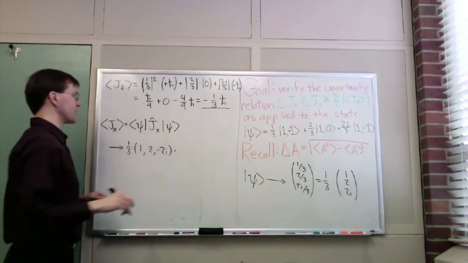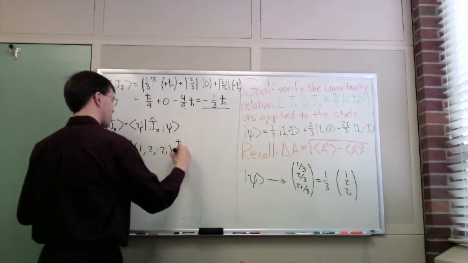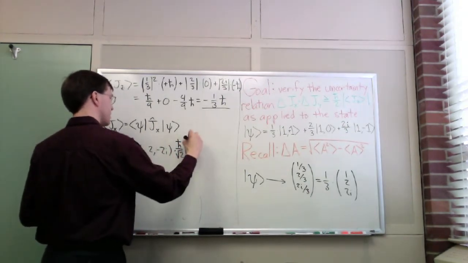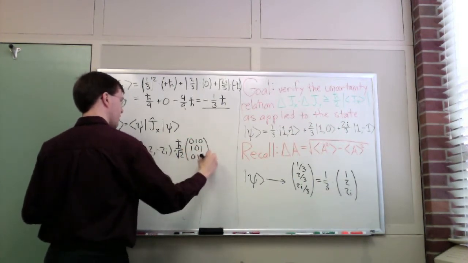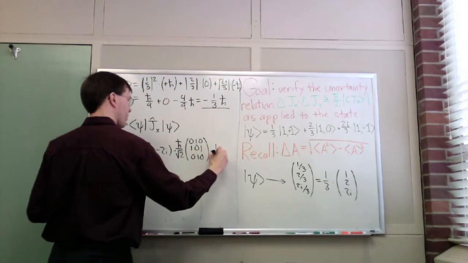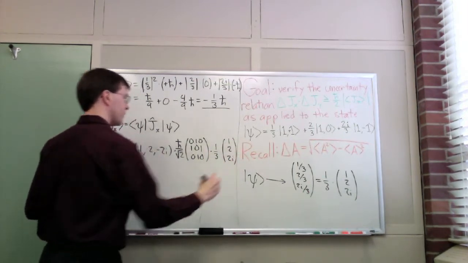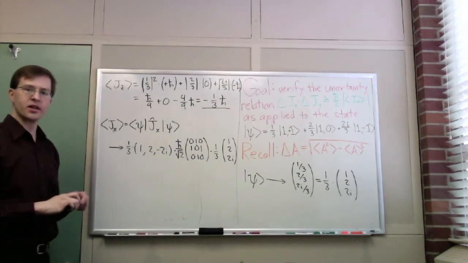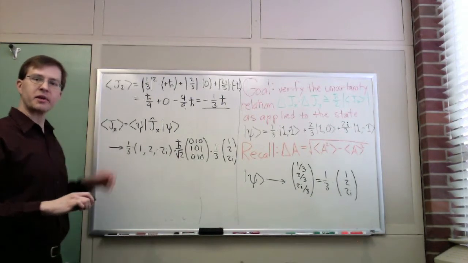Then I put in the representation of Jx in this basis. We saw that was h bar over square root of 2 times the matrix 0, 1, 0, 1, 0, 1, 0, 1, 0, times 1/3, 1, 2, 2i. This is the matrix calculation I can do to calculate the expectation value of Jx.